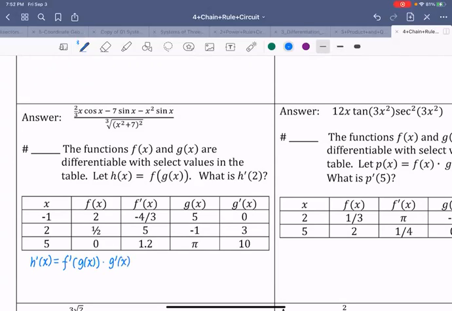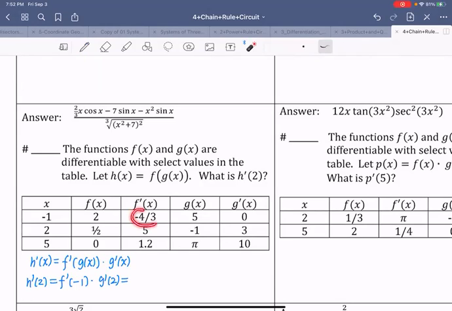And then we want to do h prime 2, right? Yeah. Equals f prime of g of 2. G of 2 is -1. And the g prime 2. Okay, so this equals, it's like -4/3 times 3, which is -4.